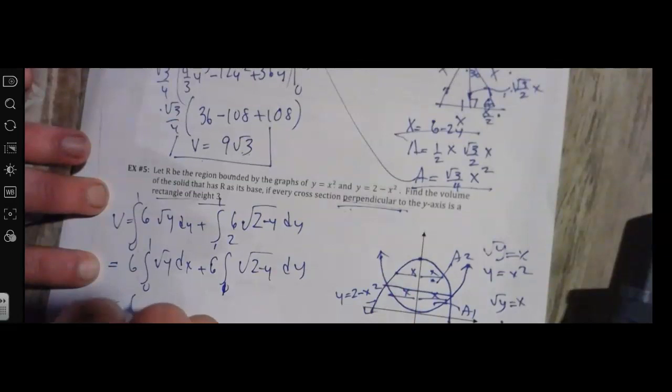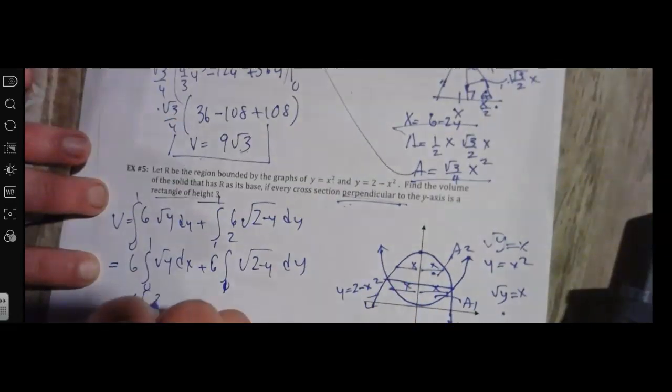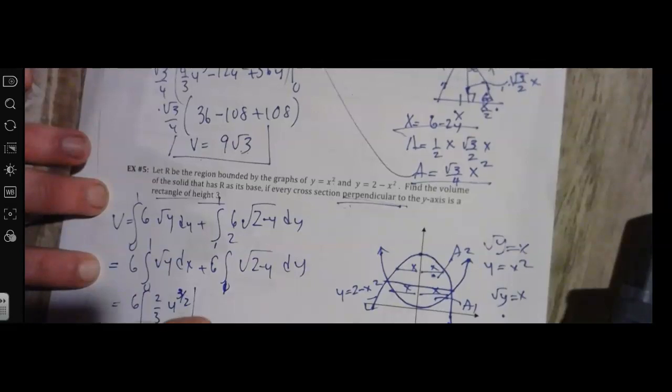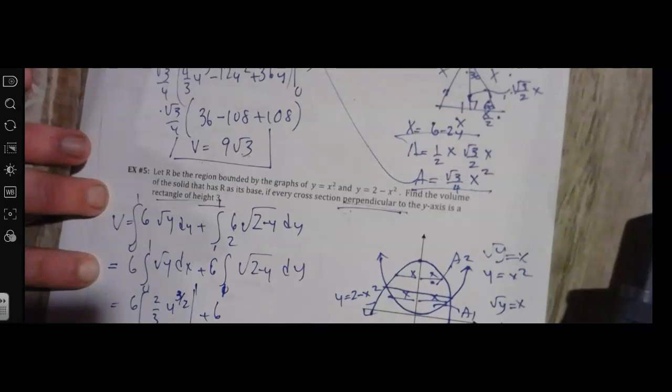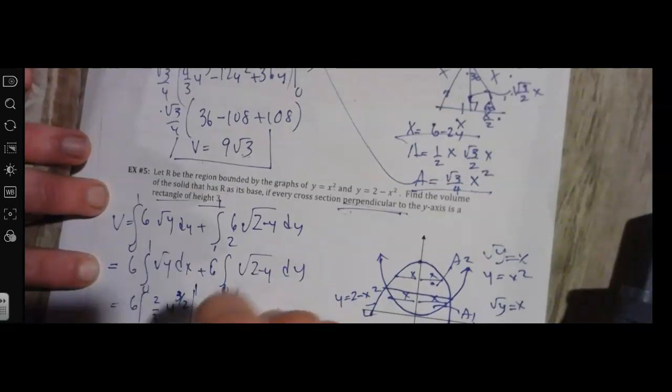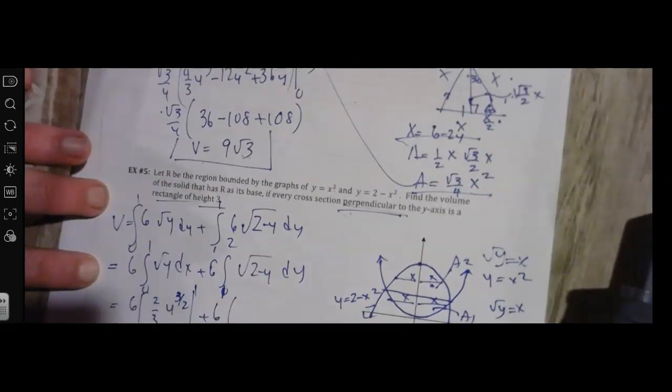So it's going to equal 6 times 2/3 y to the 3/2, evaluated from 0 to 1, plus 6 times, this is going to be negative 2/3, because this is 1/2, right? This was the square root, that's 2/3.